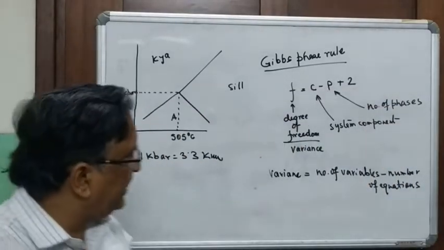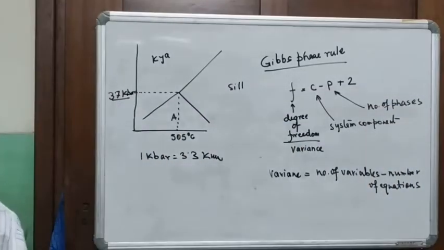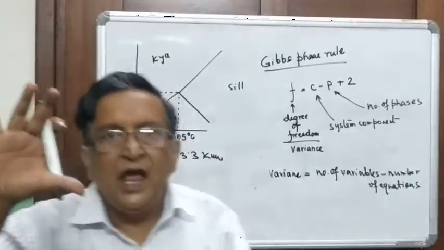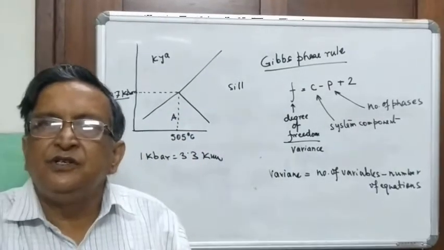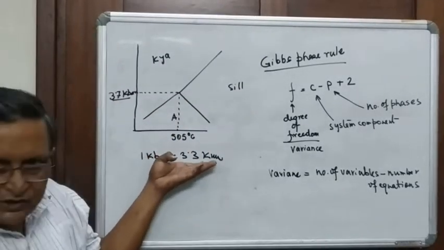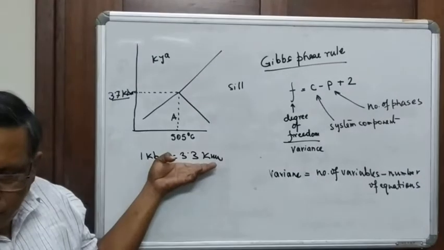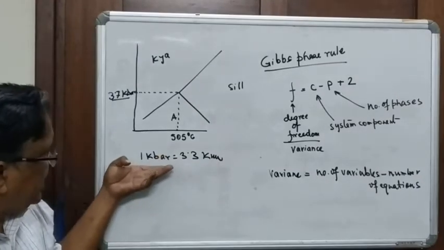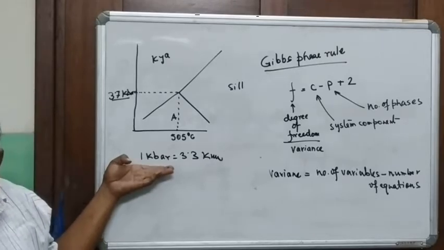So it's essentially h rho g: height h, rho density, and g the acceleration due to gravity. So 3.3 kilometers into the density, into the acceleration due to gravity, and then you get 1 kilobar pressure.